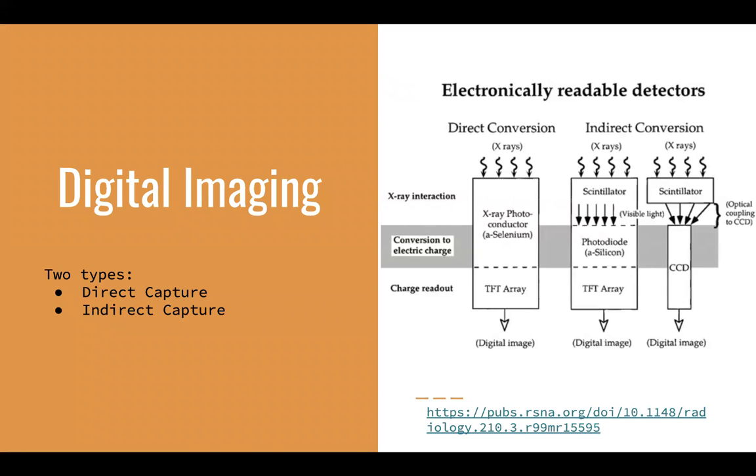This is digital imaging. So on the right side, it shows direct and indirect capture. One of the main differences between them is the scintillator, which only indirect has and direct doesn't.